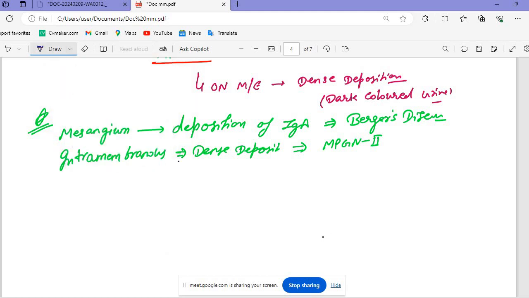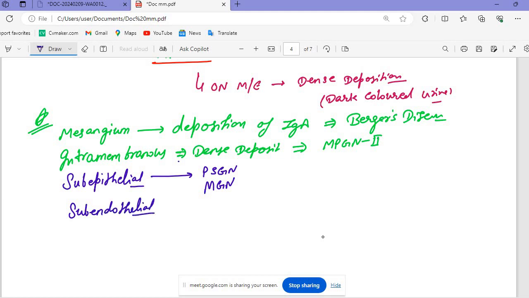Then the next one is subepithelial, below the podocyte. This is seen in PSGN and membranous glomerulonephritis. Then we studied subendothelial depositions, seen in case of MPGN1.